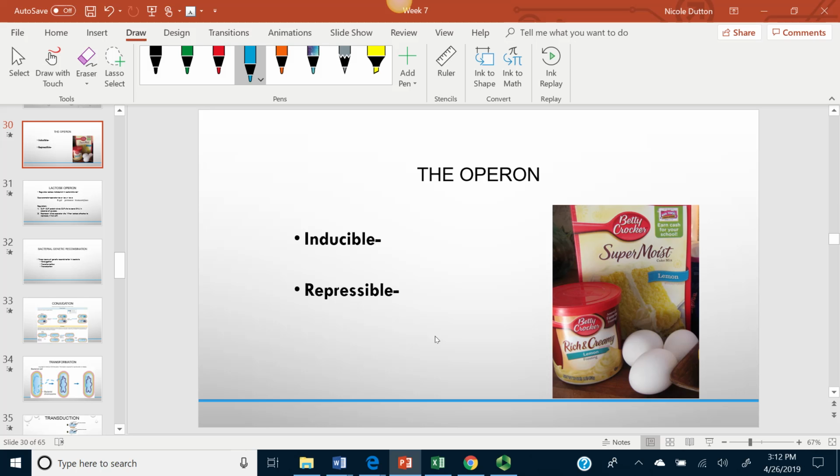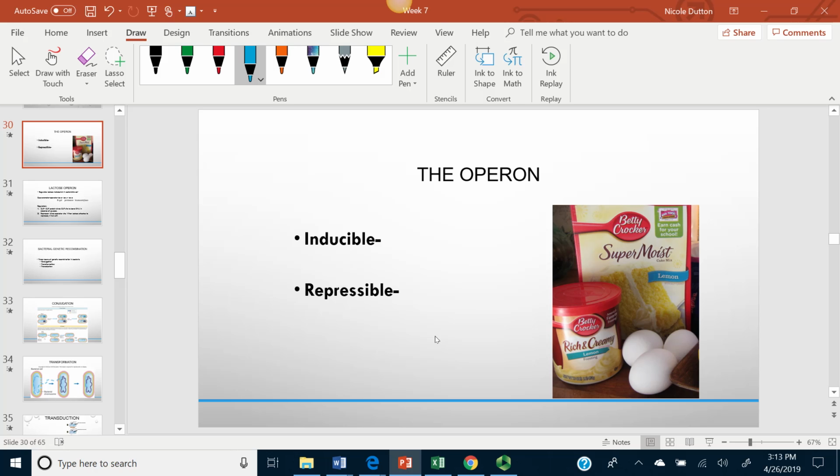And one of the differences was that in eukaryotic cells, it's one messenger RNA, one protein. While in prokaryotic cells, one messenger RNA can encode multiple genes in a row, and all of those genes can be transcribed and translated all at once.